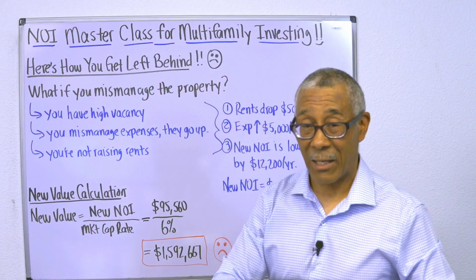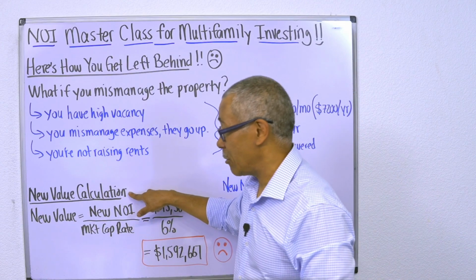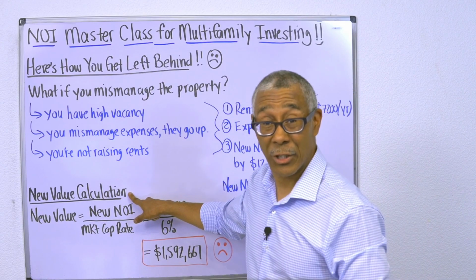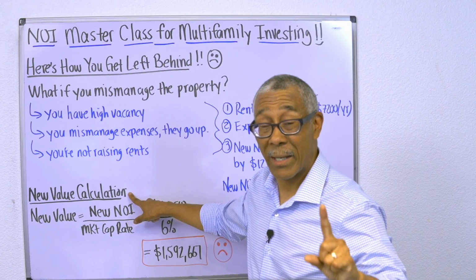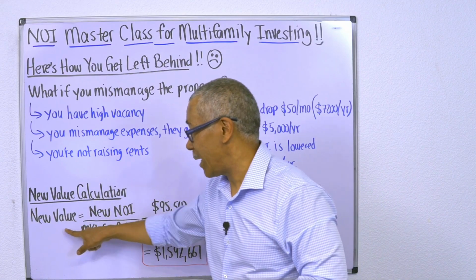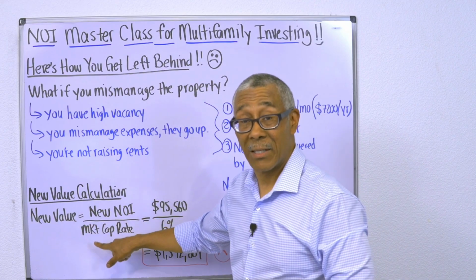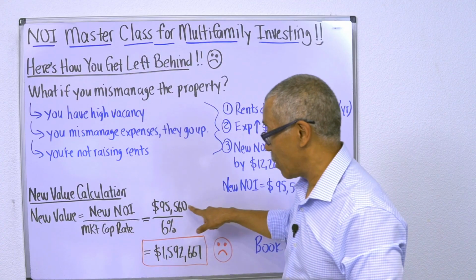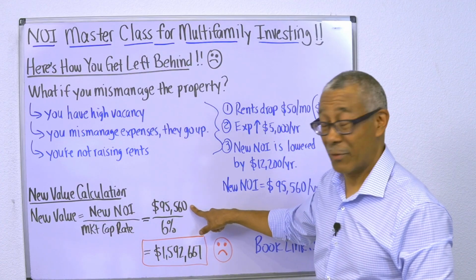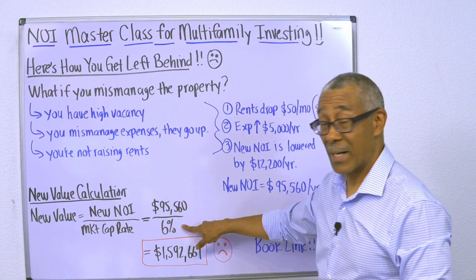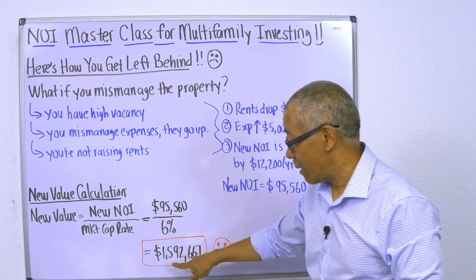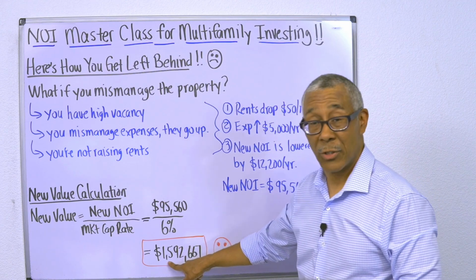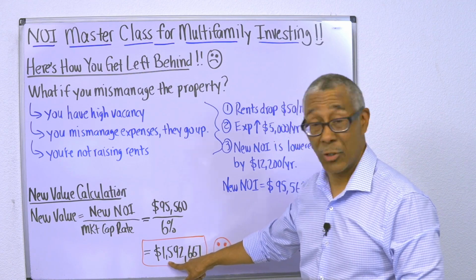So again, just like a few minutes ago, the new value calculation is the same whether your NOI goes up or down. The new value calculation is your new NOI divided by the market cap rate. So the new NOI of 95,960 divided by 6% market cap rate, your value has dropped to $1.592 million.